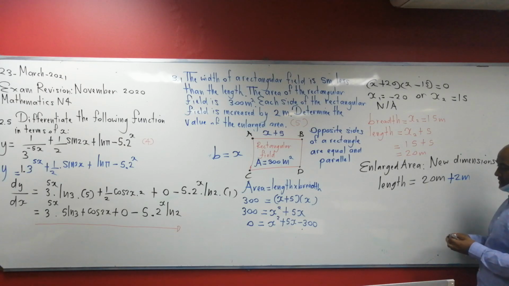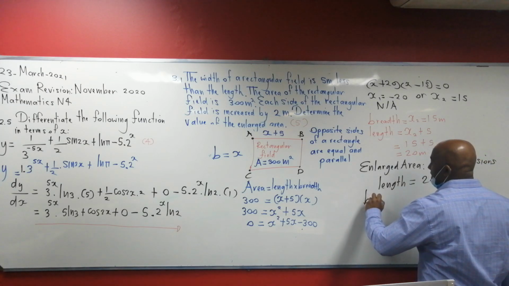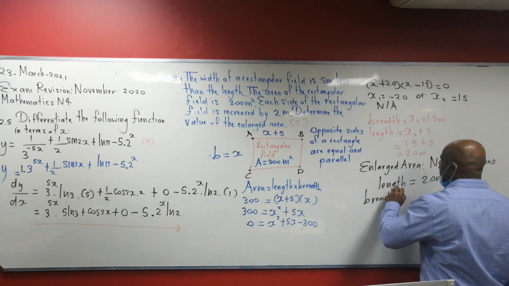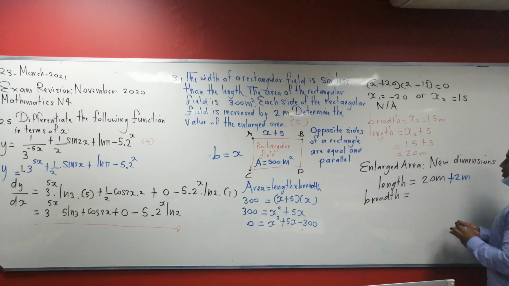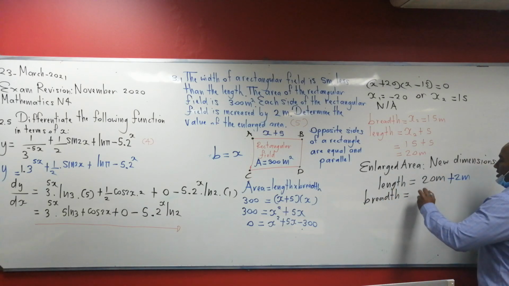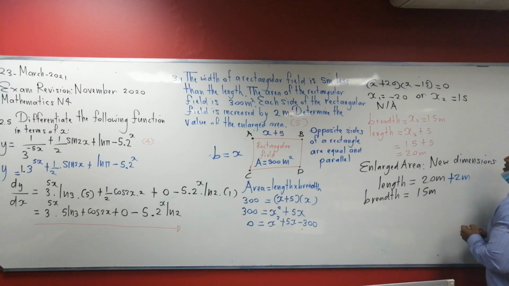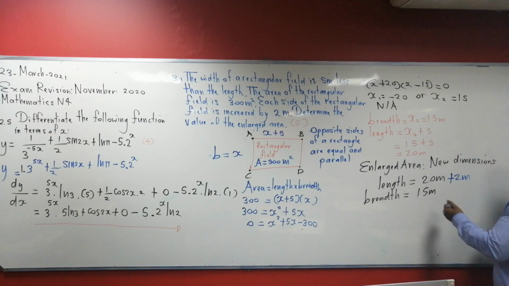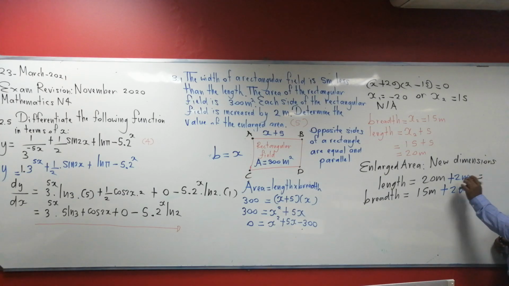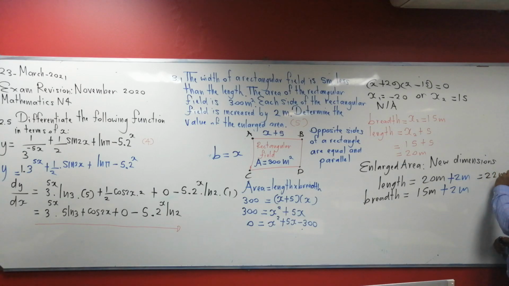And then your breadth currently was 15 meters, but you increase it by 2. So now you get 22 and you have 17.